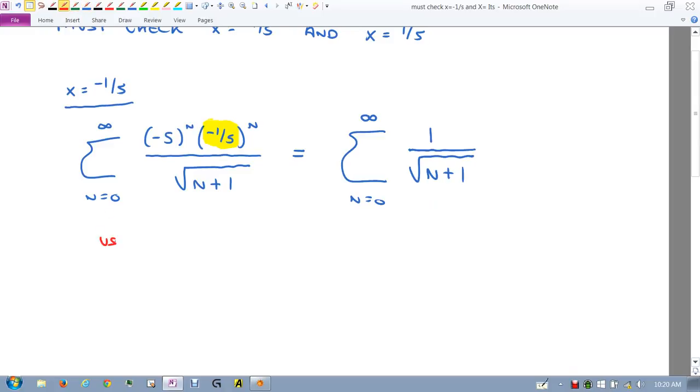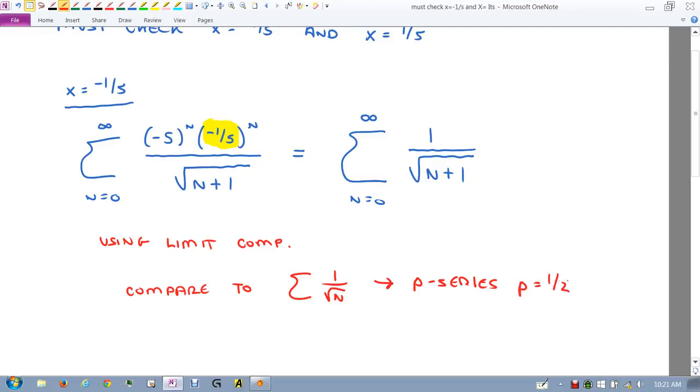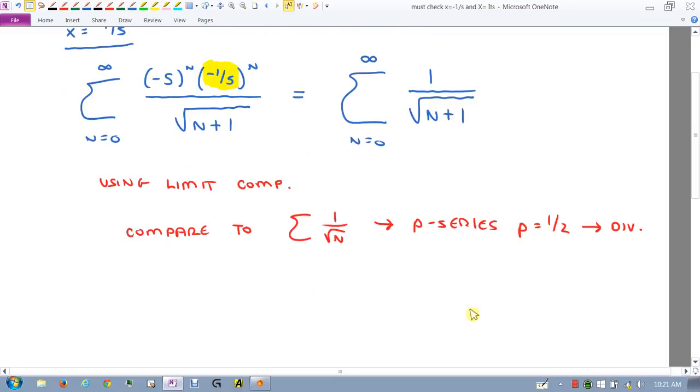Using limit comparison, I'm going to compare to what I'm calling my 1 over root n series, which is a p-series, p being a half, which diverges, right? I'm going to compare it to a divergent series because I'm pretty sure this one diverges also, right?